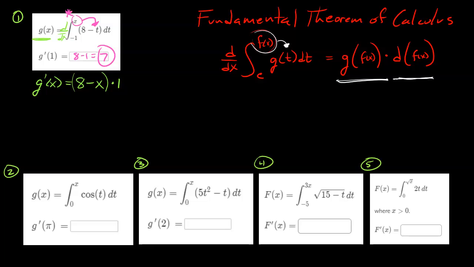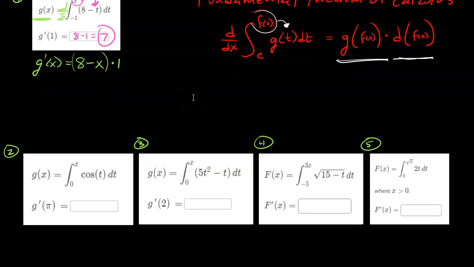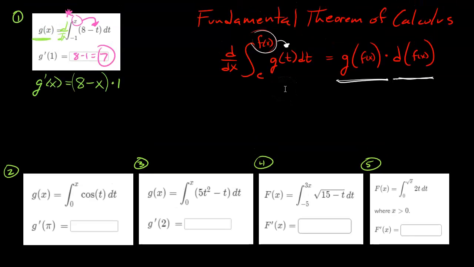Okay, I'll do number 4 with you. I want to show you the different types that we're doing. So capital F of x is the integral from negative 5 to 3x of square root of 15 minus t dt, which, that's a lot. There's a lot going on there.